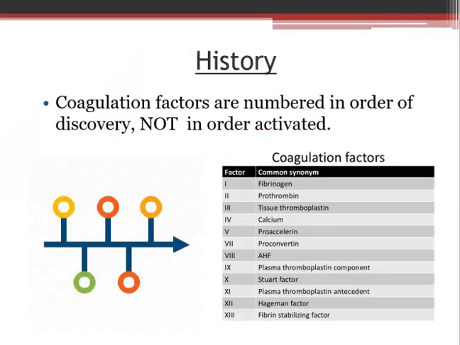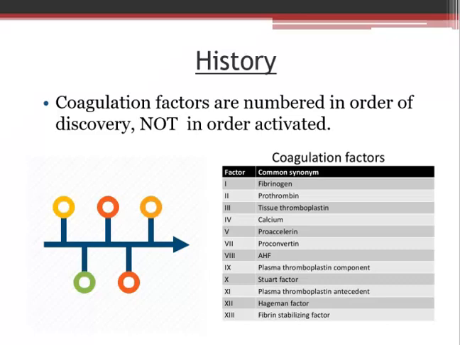So just a little background here on the coagulation factors. There's 13 total coagulation factors that we'll be discussing within this lecture, and those 13 coagulation factors are numbered or named based on the order of discovery, not the order in which they're activated or needed within the body when blood needs to coagulate.